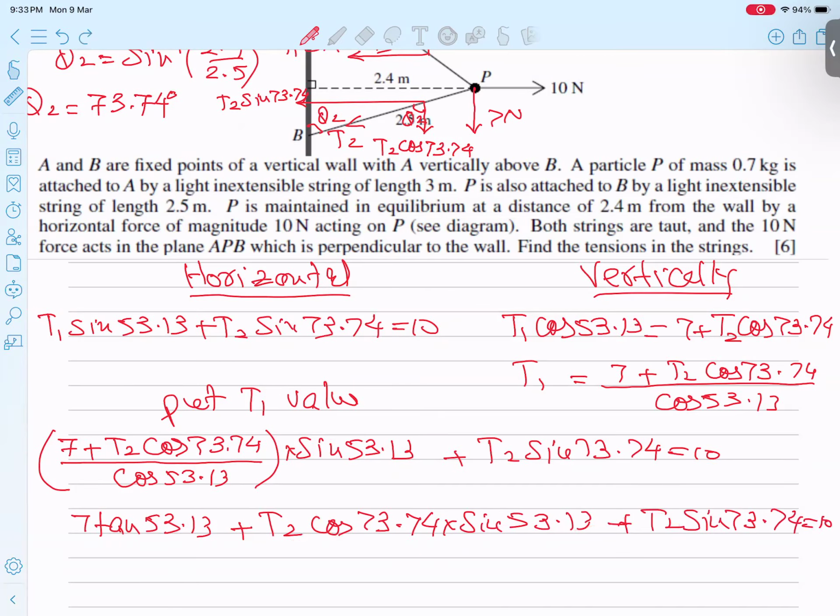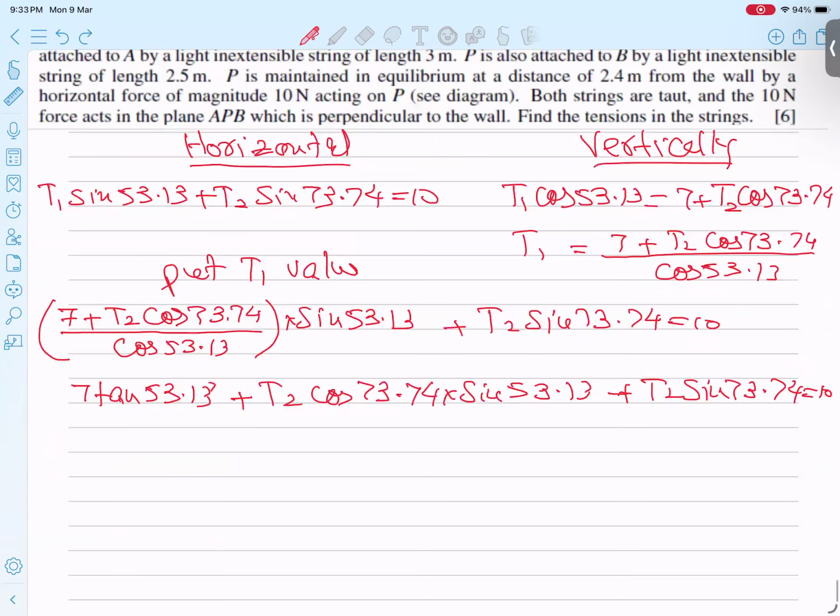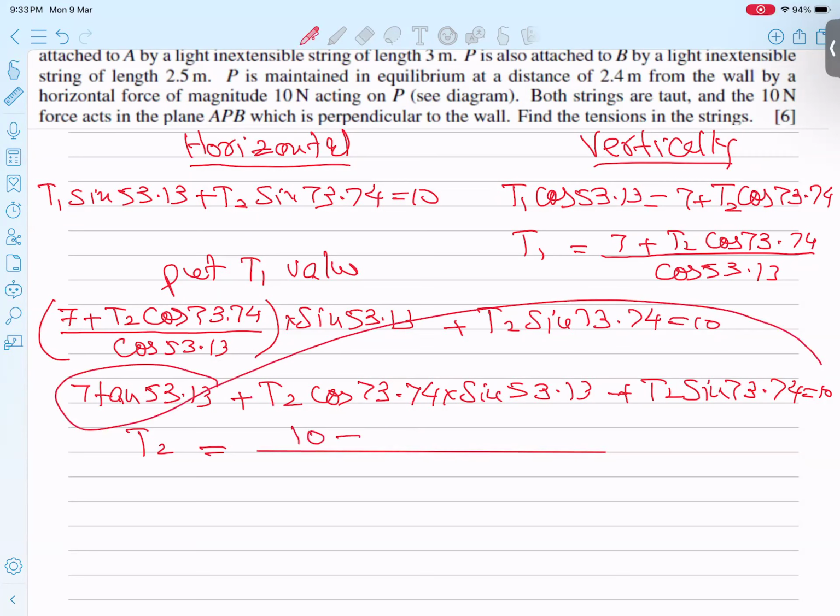T2 is common. So I will bring this component to the other side. Let's try to do it in one attempt. 10 is already there, and this 7 tan 53.13 will go and be subtracted from 10.